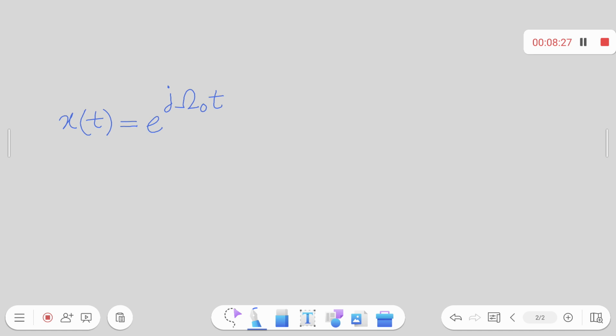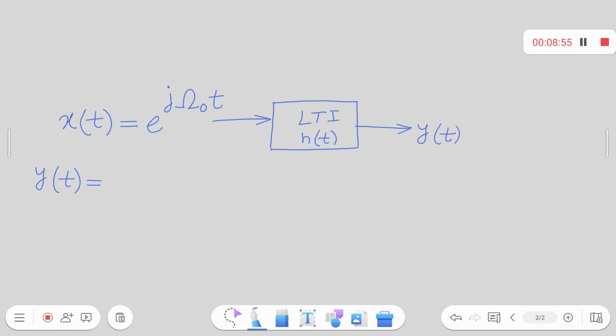And once again, the signal is being applied to an LTI system with impulse response given by h of t. Now, had this been the case, you will be able to find out this y of t. So this is applied to an LTI system whose impulse response is given by h of t, and we are interested in finding out the output signal y of t. So what is y of t? What should be the formula for that?